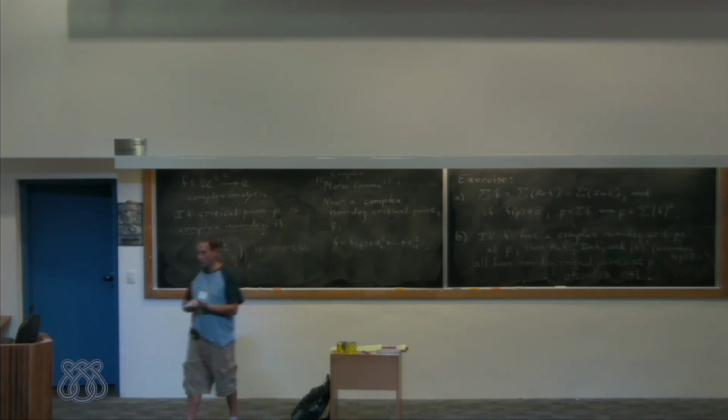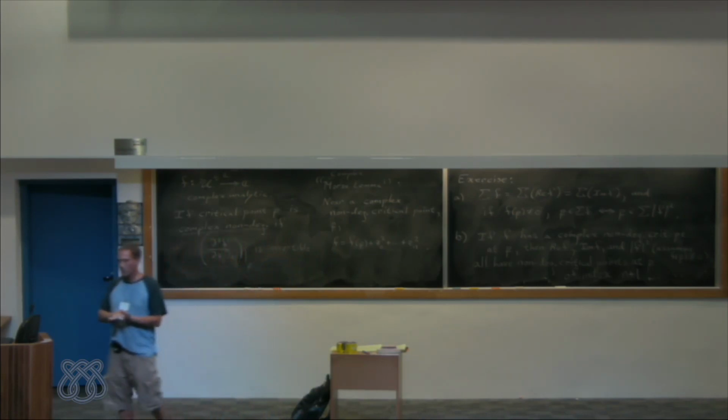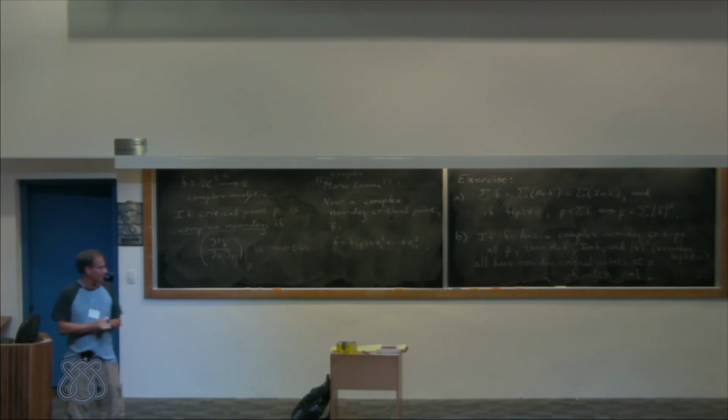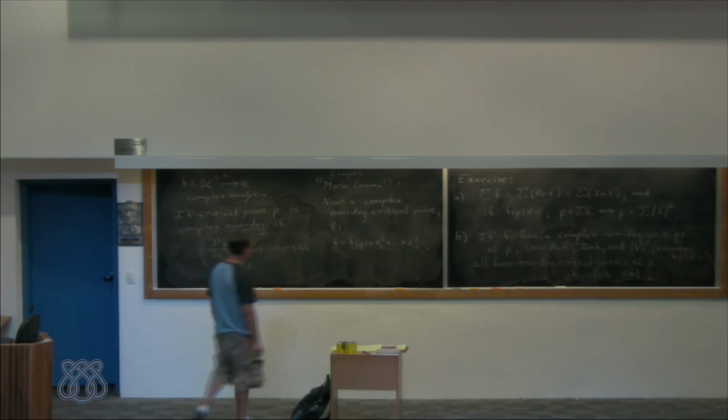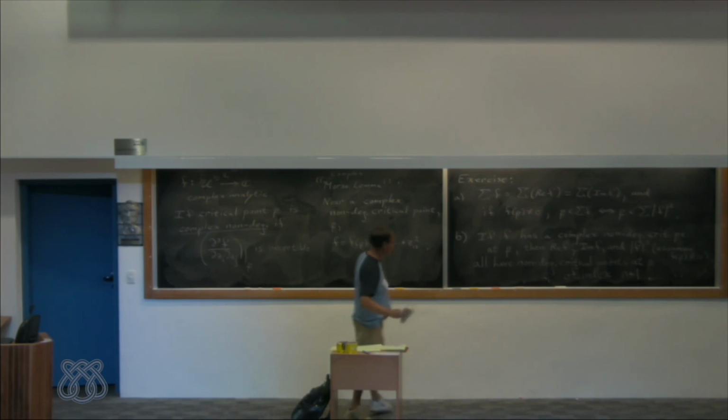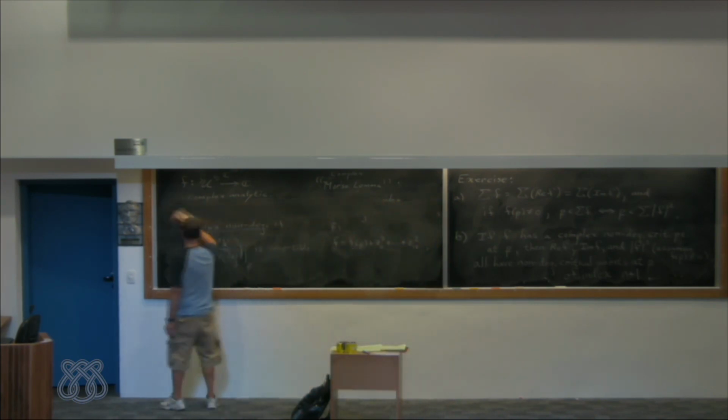You could say something about the Euler characteristic, but you're not going to get the strong conclusion. Of course, you shouldn't expect it. Being in the complexes is a strong condition. But all right, great. What does this have to do with anything?